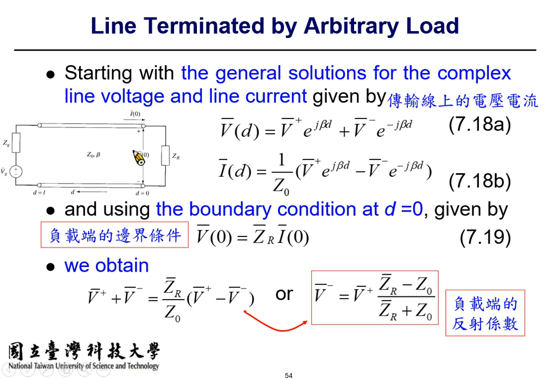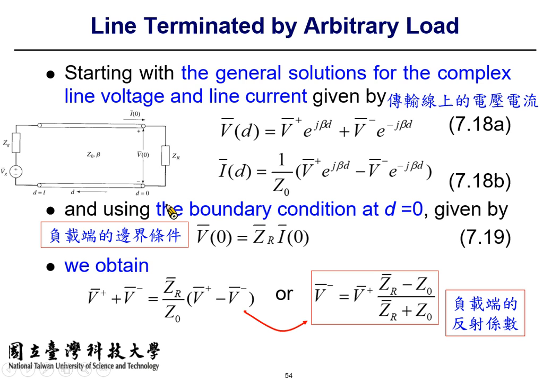And again, as long as the impedance of the termination is not the same as the characteristic impedance of the transmission line, which is labeled as Z_0 here, there will be both forward going and reverse going signals on the line. So you will have V plus signal, V minus signal, as well as I plus and I minus signal.